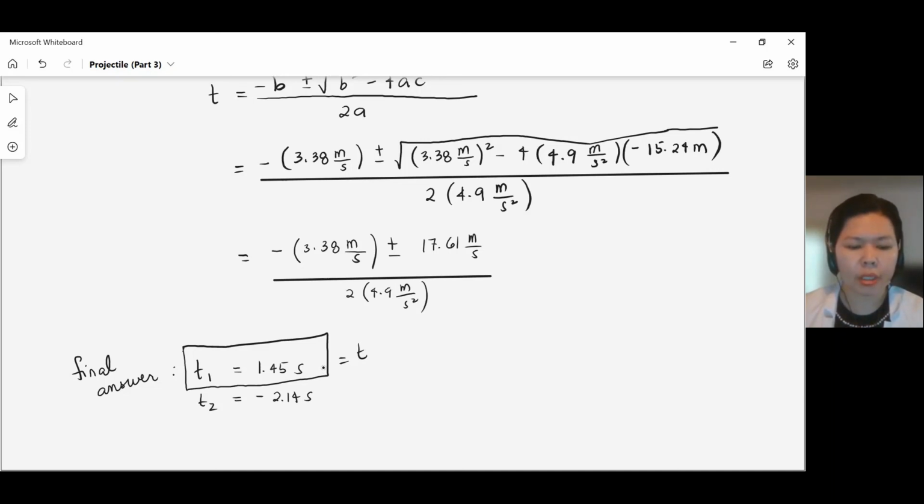This means that in this problem, the elapsed time t must be greater than the initial time t sub 0, which is 0. The negative time is a fictitious time, or it does not exist in our situation, because we started our derivation from t naught equals 0 to some final time tf, or elapsed time t.